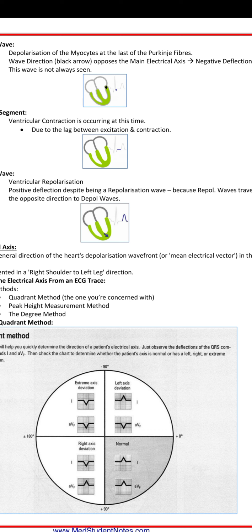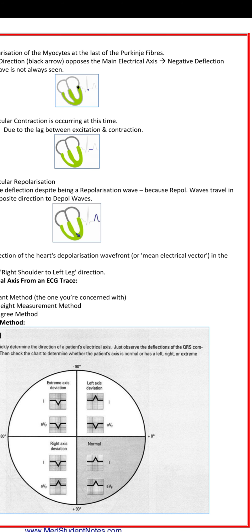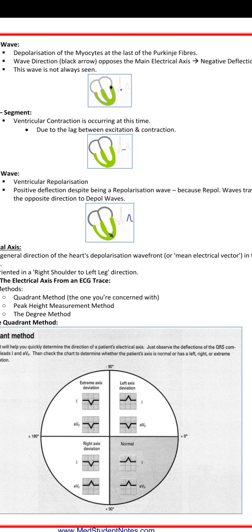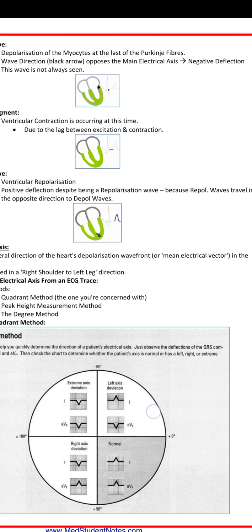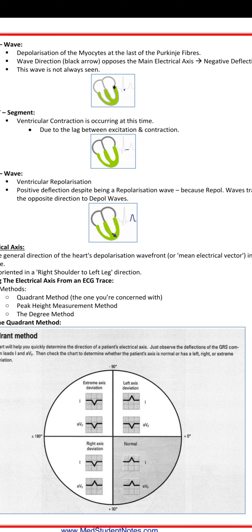Despite being a repolarization wave, there is positive deflection because the repolarization wave travels in the opposite direction to the depolarization wave. This is very important: when they travel in opposite directions, positive deflection occurs.